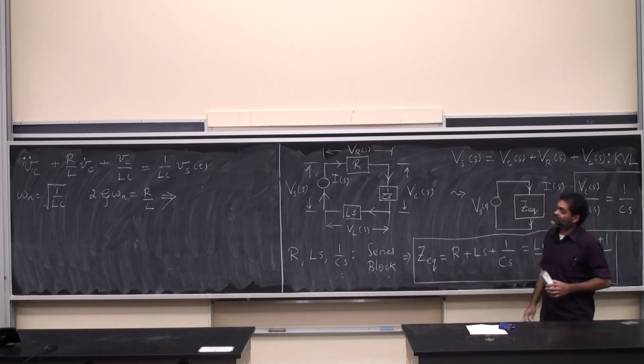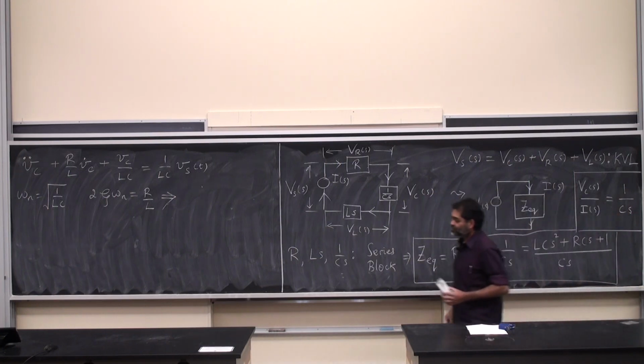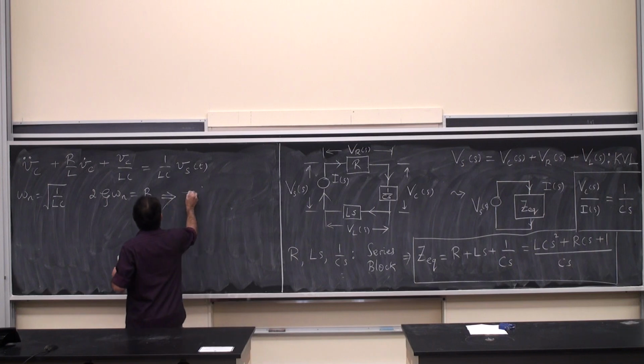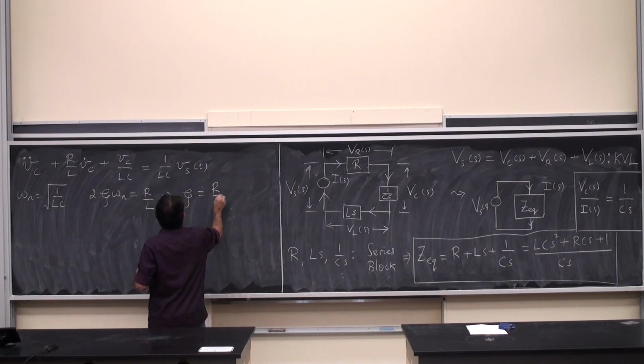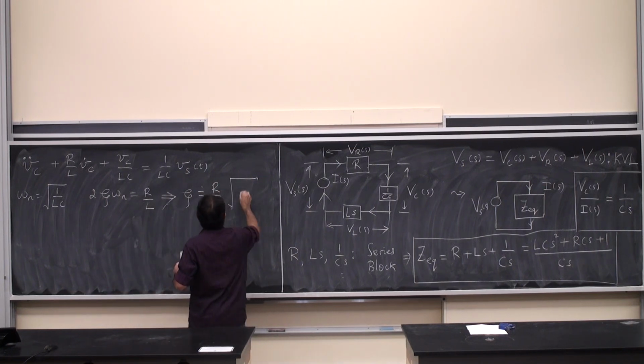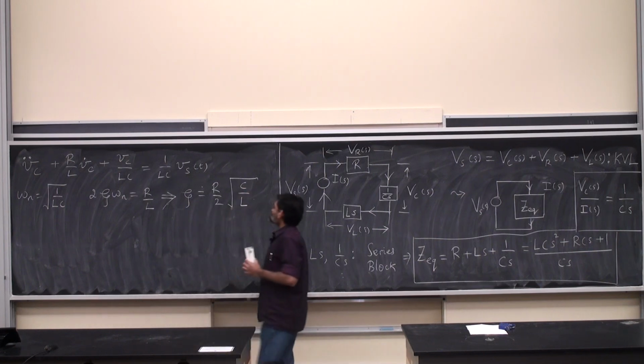I'm not going to go through the steps, but this is what you end up getting as zeta. So zeta is R by 2 square root of C by L.